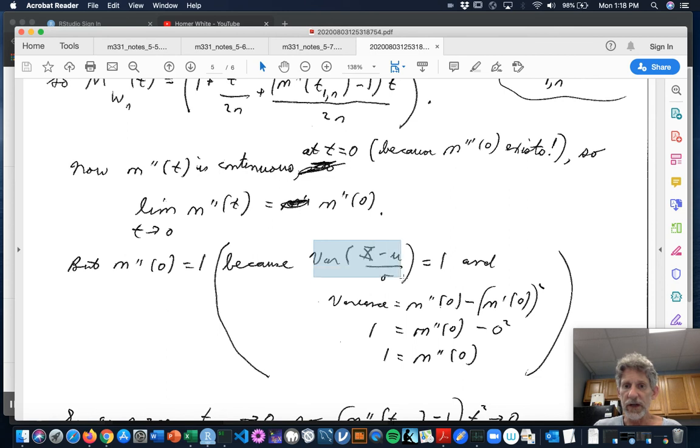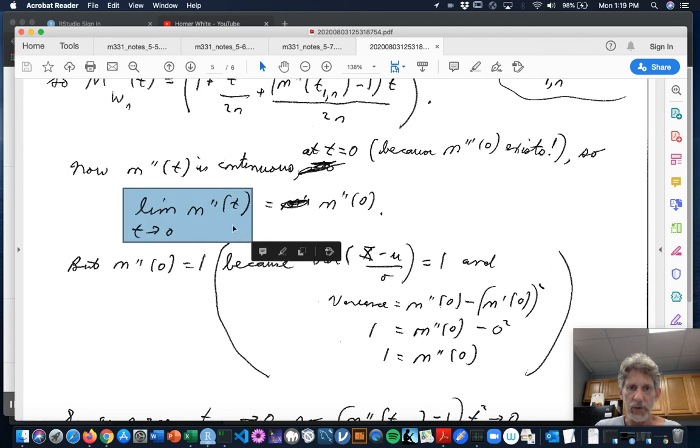And that's because the variance of this Y random variable, the X minus mu over sigma, is 1. And remember, variance is the second derivative of the moment at 0 minus the square of the first derivative at 0. The first derivative at 0 is 0. So we're just looking at second derivative at 0 is 1. So yeah, really, that limit's 1. So let's just keep that in mind. You make your t small, m double prime gets closer and closer to 1.